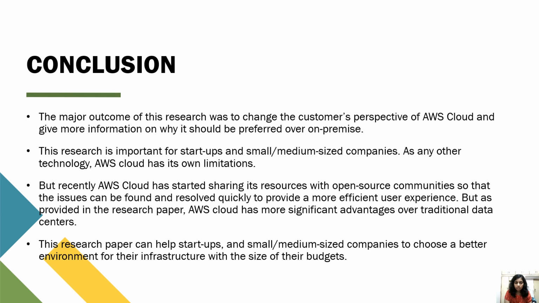But recently AWS Cloud has started sharing its resources with open source communities so that issues can be found and resolved quickly to provide a more efficient user experience. But as provided in this paper, AWS has more significant advantages over traditional data centers.